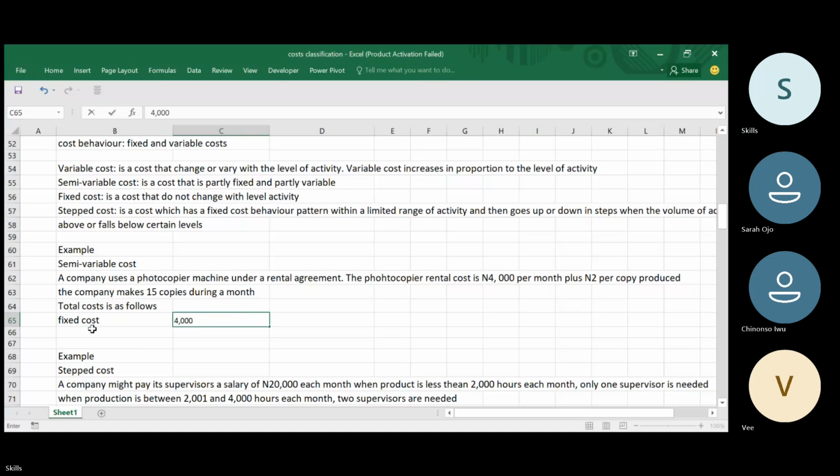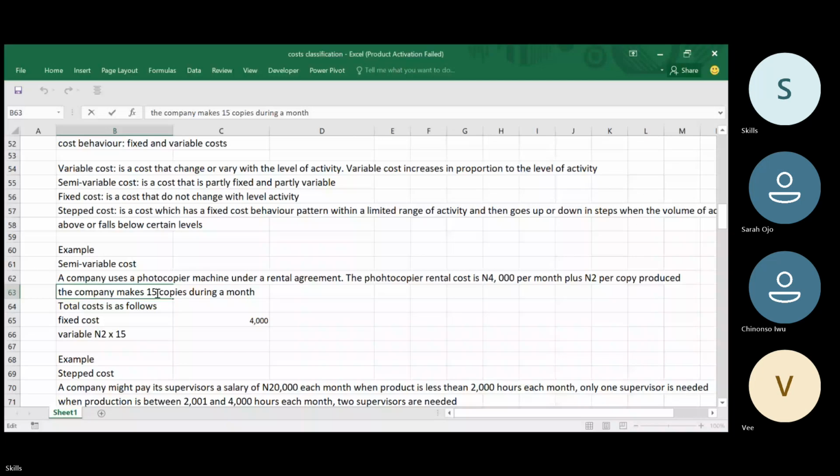Then 15 copies at 2 naira is variable. Sorry, this is 15,000 copies.